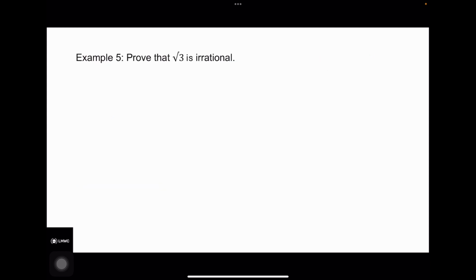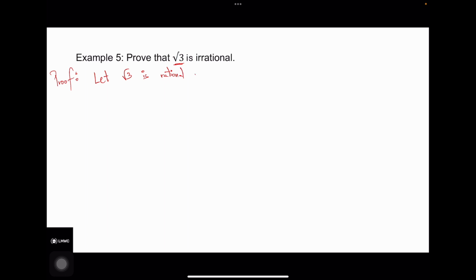Moving forward to the next example. In the next example, we are given root 3 and we have to prove that this is irrational. To prove this, we have to assume that root 3 is a rational number.